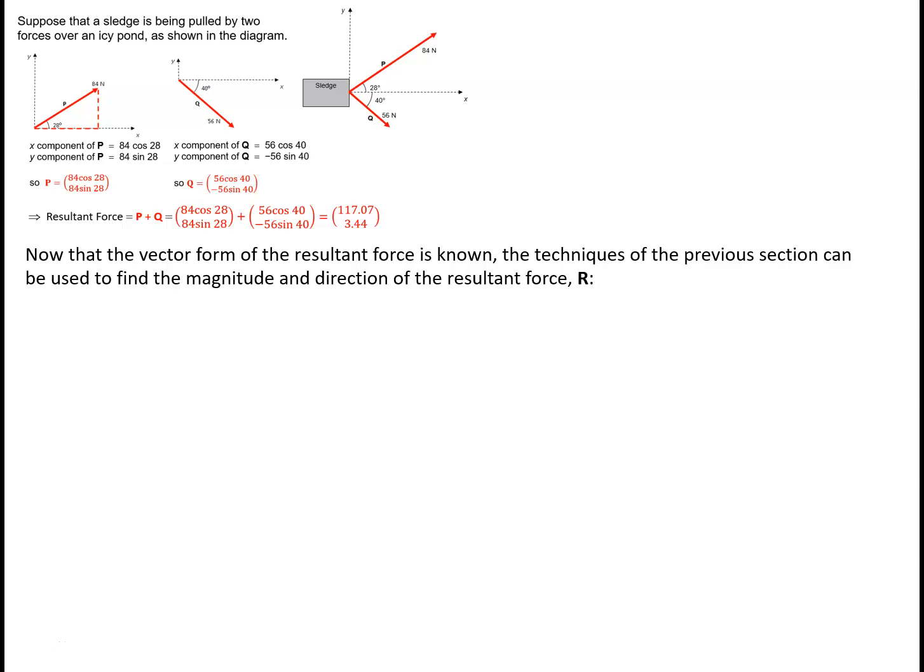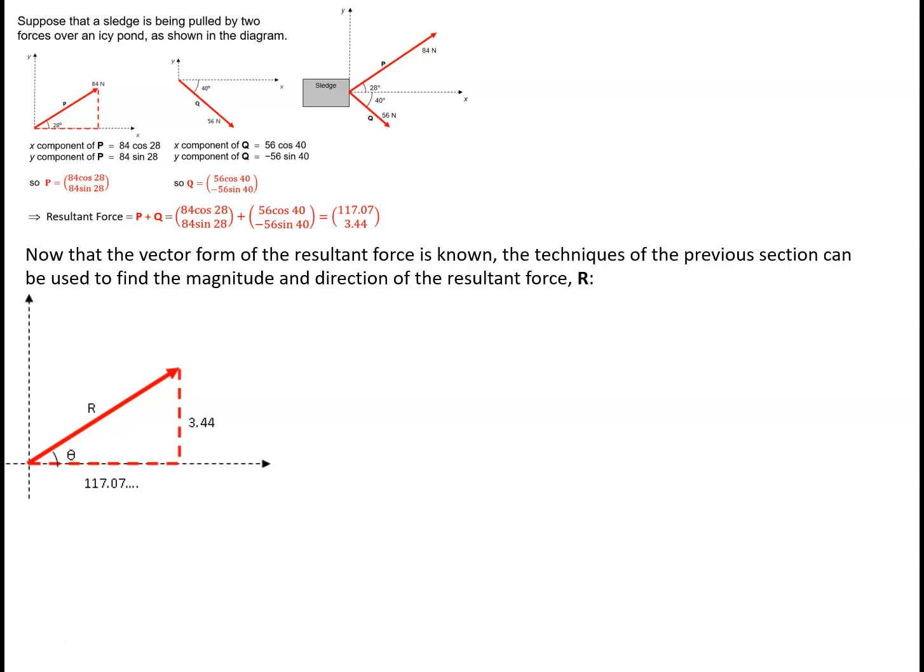Now that we know the vector form of the resultant force, the techniques that we used in the previous section can be used to find the magnitude and direction of the resultant force. So we simply draw a little picture of the resultant force, which is a force with horizontal component of 117.07 and a vertical component of 3.44. Create our right-angled triangle.